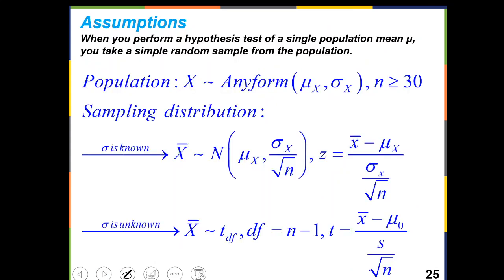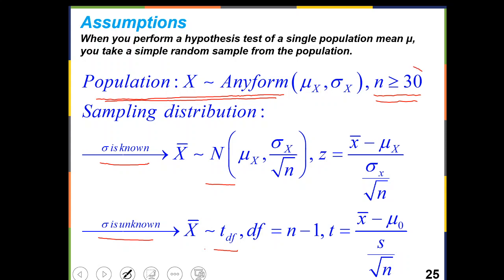All right, so some assumptions we make. The population doesn't matter what form it has if your sample size is greater than or equal to 30. So if the sample size is greater than or equal to 30, then it doesn't really matter what the original population looks like. Then if we know sigma, we use normal. If we don't know sigma, we use t. That's the rule.